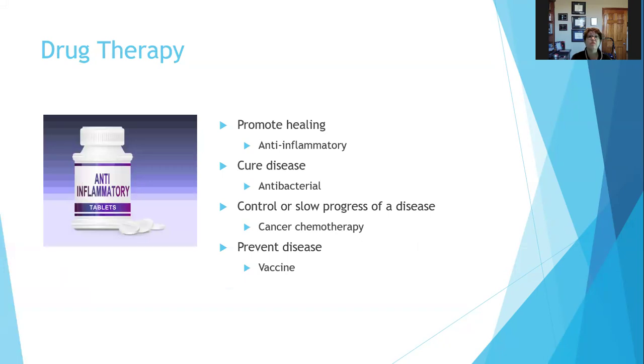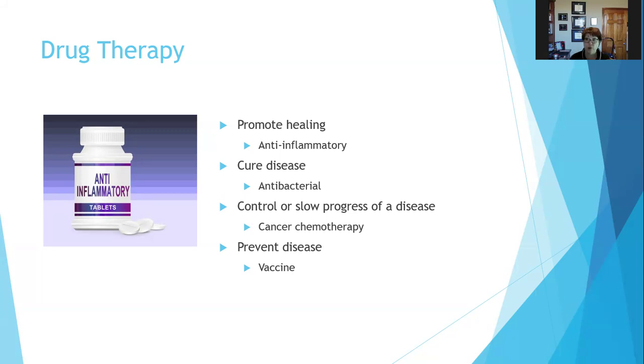So drug therapy can do lots of different things. It can promote healing, like anti-inflammatory drugs promote healing by reducing inflammation. It can actually cure disease, antiviral or antibacterial medications where you already have the disease and the medication cures it. It can slow or control the progression of a disease. So cancer chemotherapy is an example.